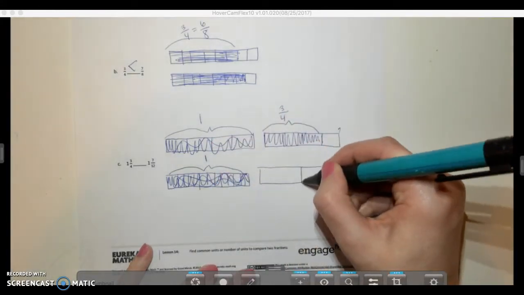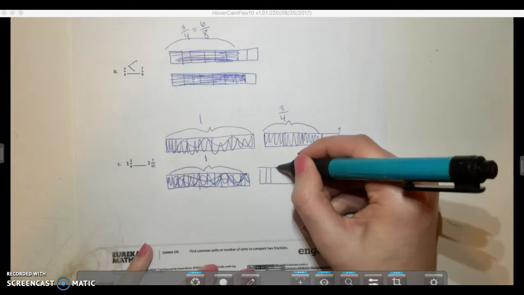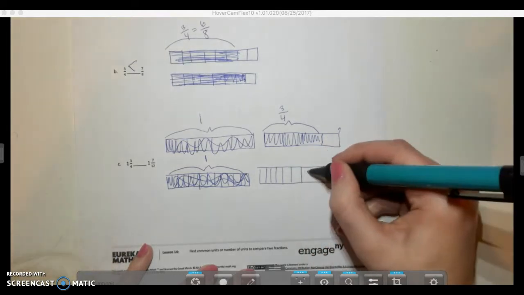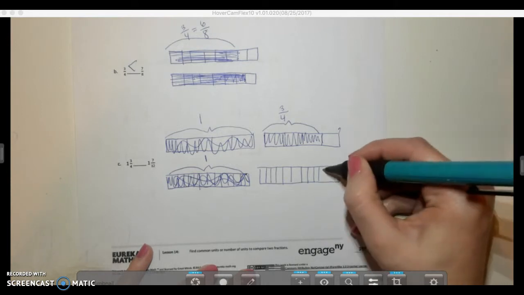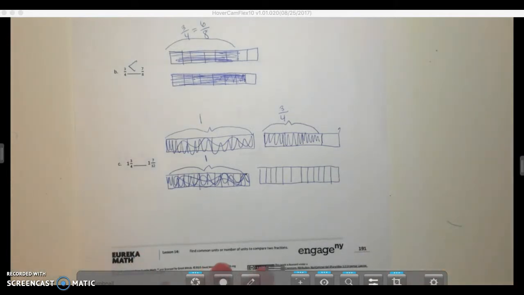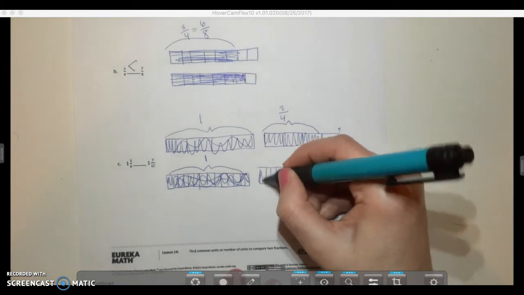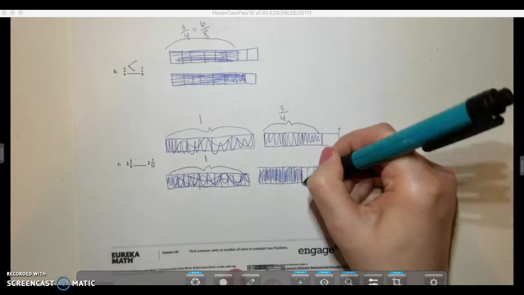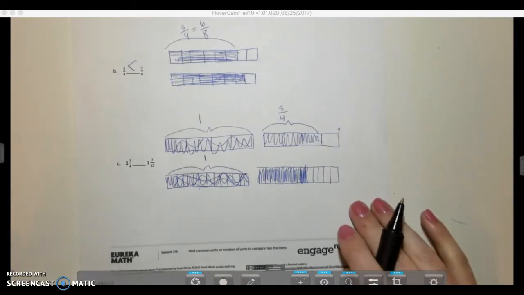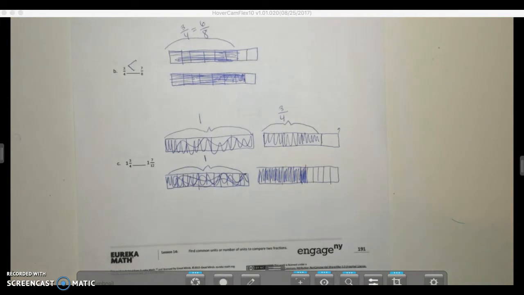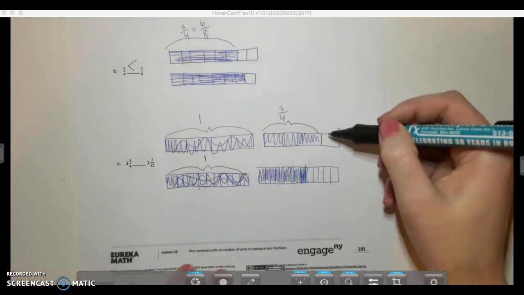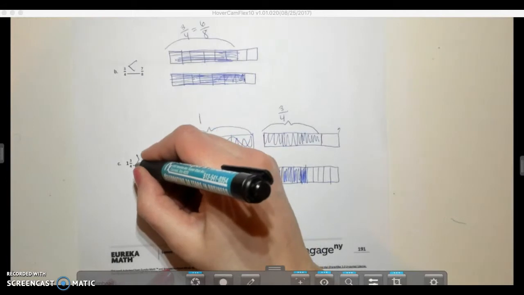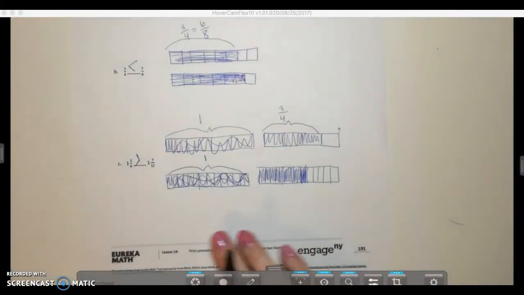Split this one into 12ths as well. We color in 7. 1, 2, 3, 4, 5, 6, and 7. So now we are just comparing our tape diagrams and noticing that this 1 3/4 is larger than 1 7/12.